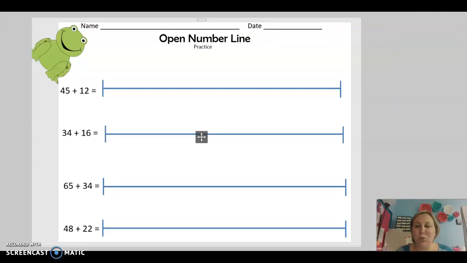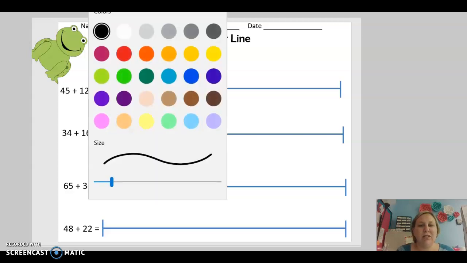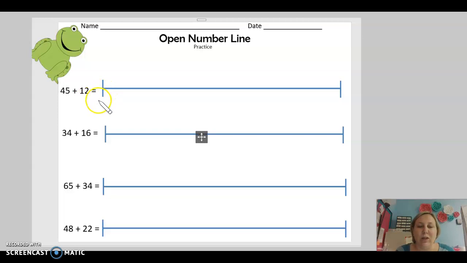Okay, boys and girls, we are going to look at this first problem. My first problem is 45 plus 12. So remember, I'm going to start with 45. So my number line starts with 45. And then I think to myself, how do I want to hop? Ooh, I know. 12 is 10 plus 2. So I'm going to hop with a 10 and then a 2.